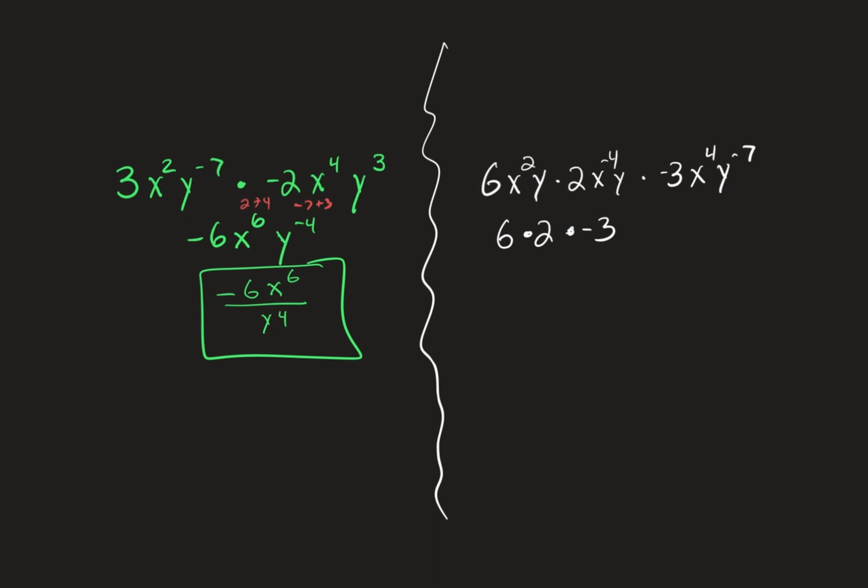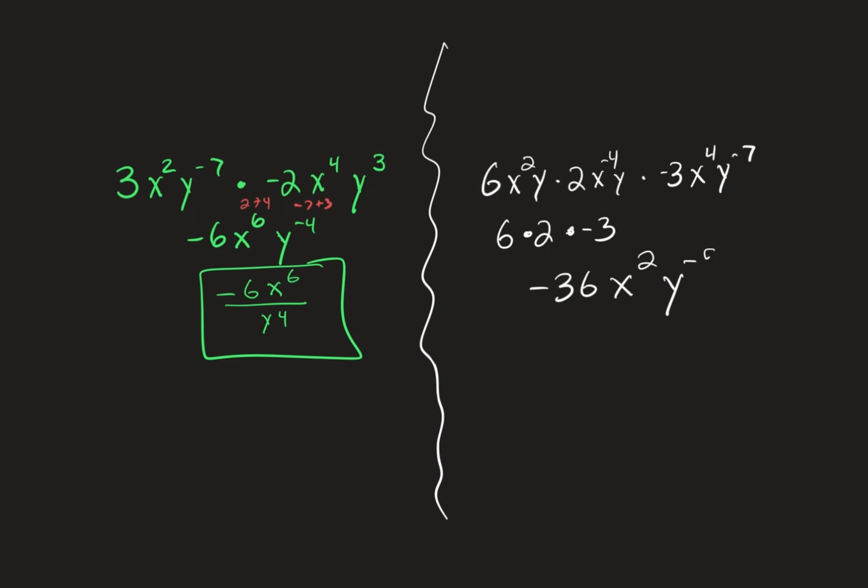Six times 2 times negative 3? Negative 36. X's, we've got 2, negative 4, and 4. So 2 plus negative 4 plus 4 is 2. We've got 1 plus 1 minus 7.